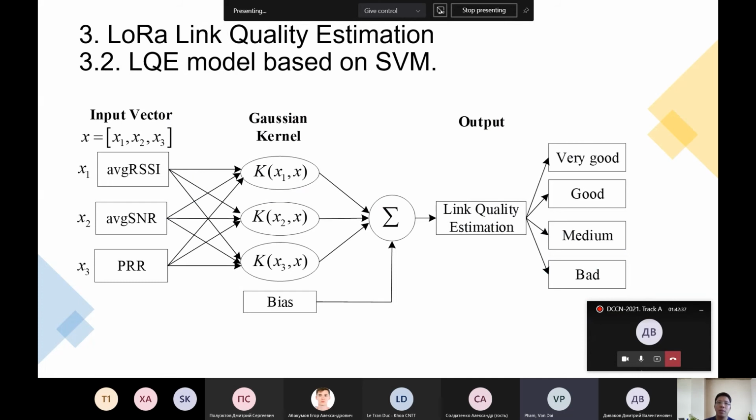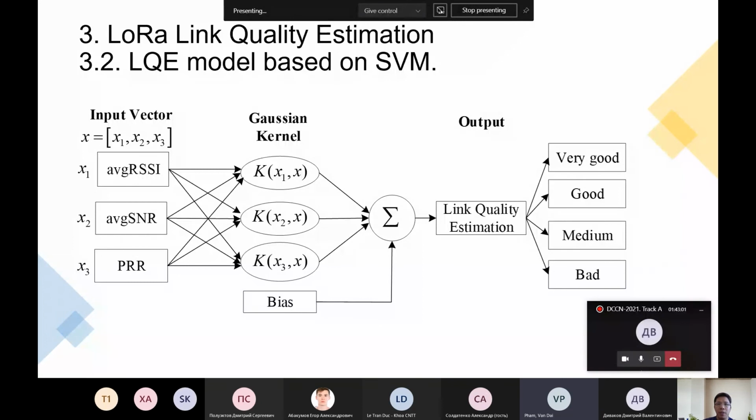The link quality estimation is converted to a multi-class classification problem, which can be solved using supervised learning models. And support vector machine is known as one of the efficient supervised learning models for solving multi-class classification.